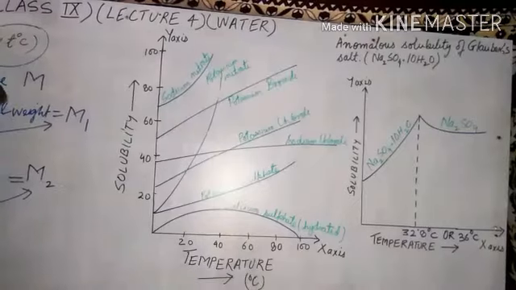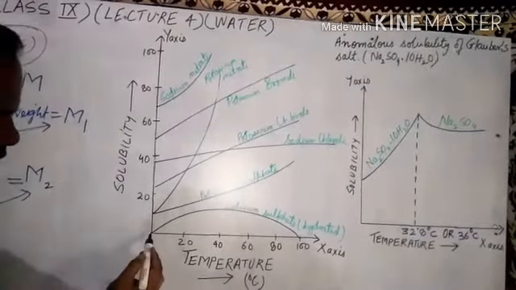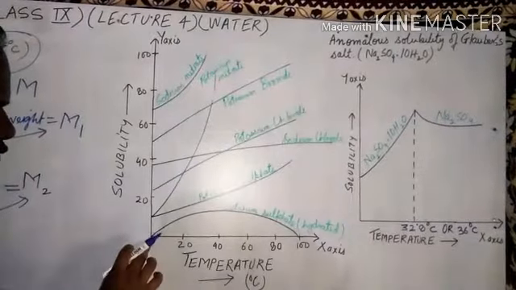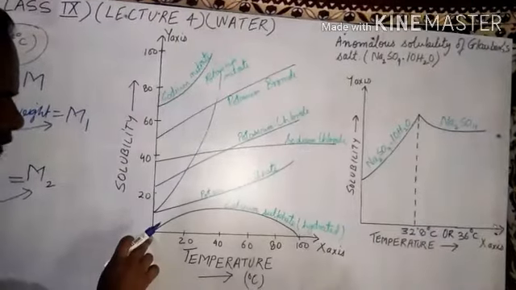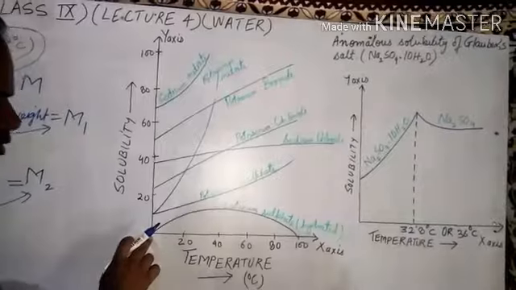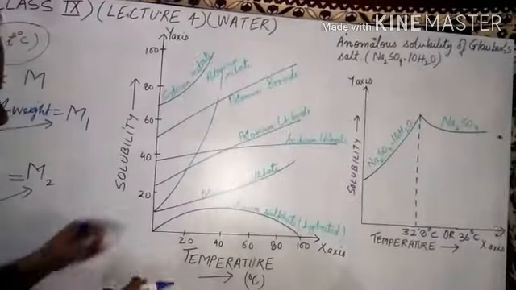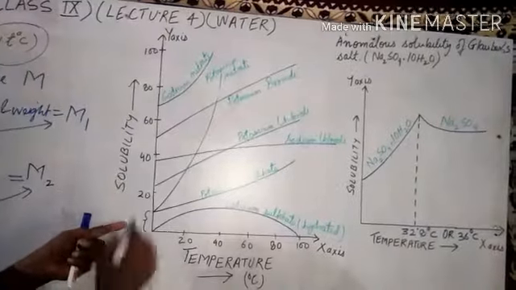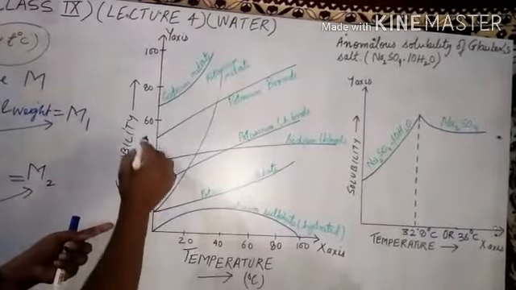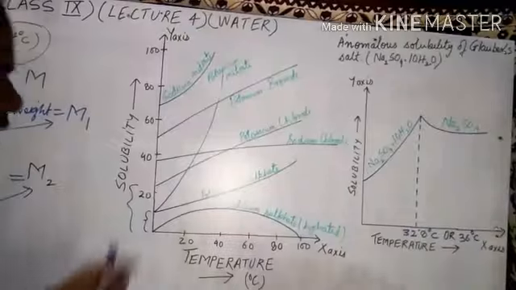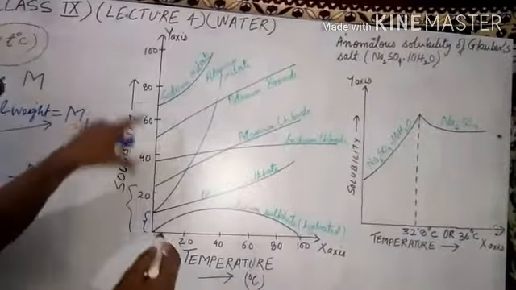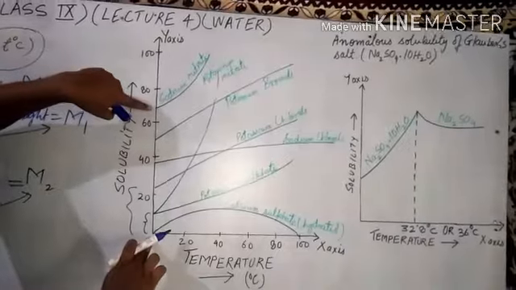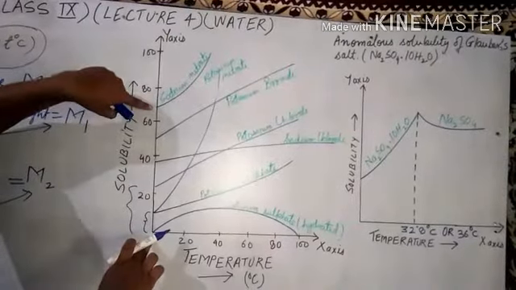If you study this graph, it starts from 0 initially, which means at 0 degrees Celsius its solubility was 0. But in some graphs you will see that they already have some solubility. What does it signify? It is starting from here, which means round about 70 is the solubility.